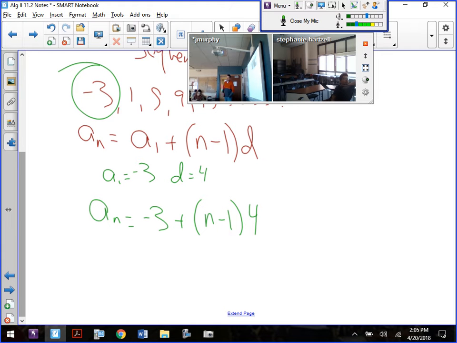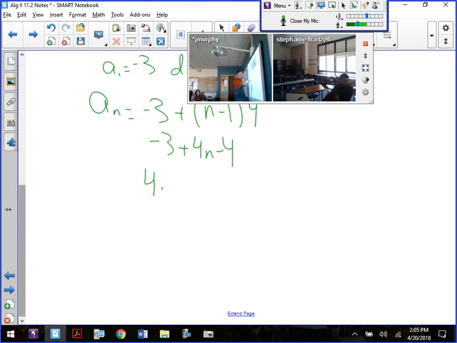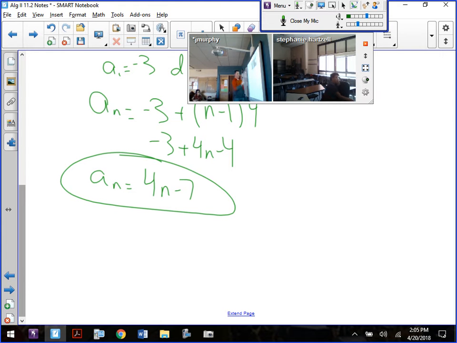Distribute, combine like terms, and you get an equation: -3 plus 4n minus 4, which is 4n minus 7. Again, you now have basically slope-intercept. When you have a common difference between your terms with this arithmetic stuff, it's basically a linear function.